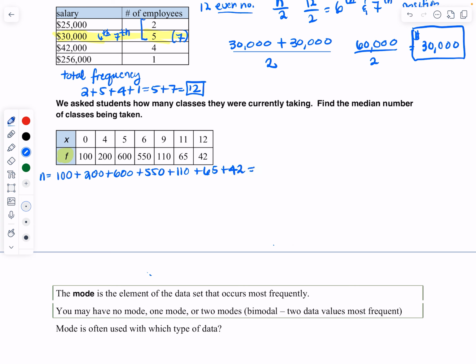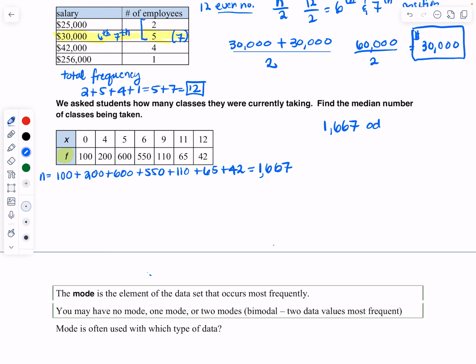Let's go ahead and add that up. I'm just making sure I entered everything okay, and it looks good. So this is 1,667. That's n.